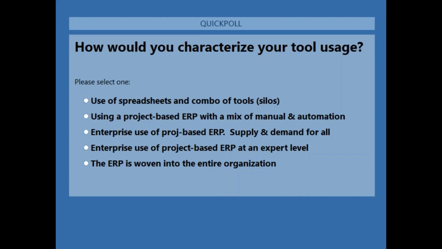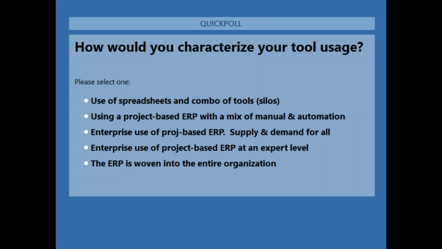Number 1 is the use of spreadsheets and a combination of tools. 2 is you're using a project-based ERP with a mix of manual processes and some automation. 3, you have an enterprise project-based ERP, and you're able to see supply and demand at all levels for all your stakeholders. 4, you have enterprise use of a project-based ERP at an expert level. Or 5, your ERP is really woven into the entire organization.